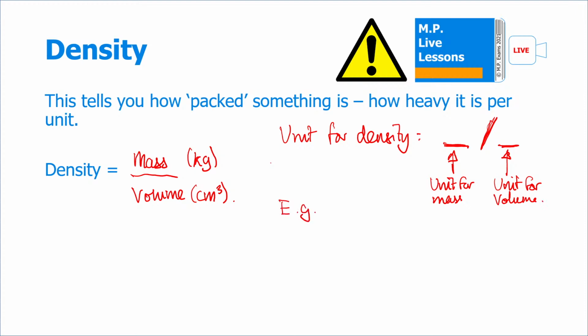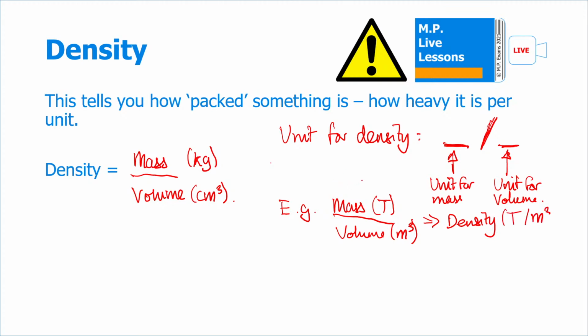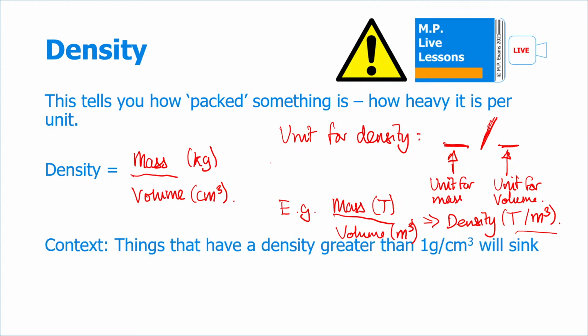For example, if you're given the mass in tons, then the volume in cubic meters, the density is tons per cubic meter. And a bit of information, this could be in a question, I don't know, no one can predict. Things that have a density greater than 1 gram per cubic centimeter will sink.